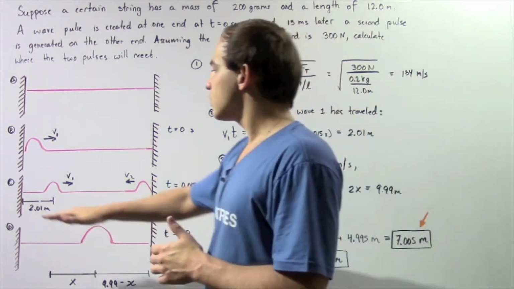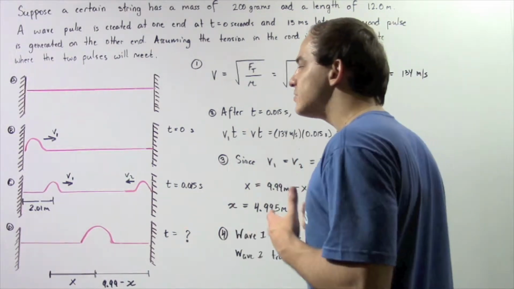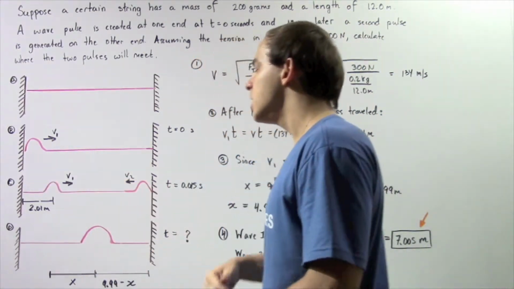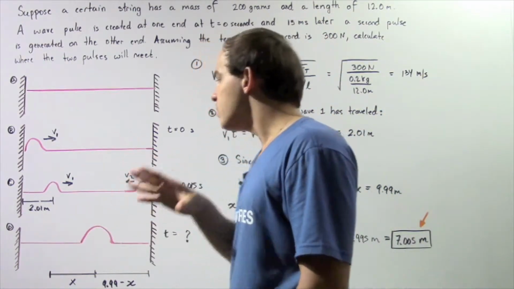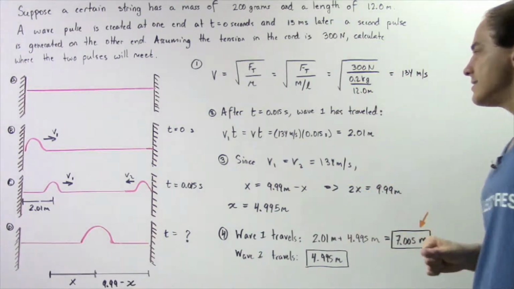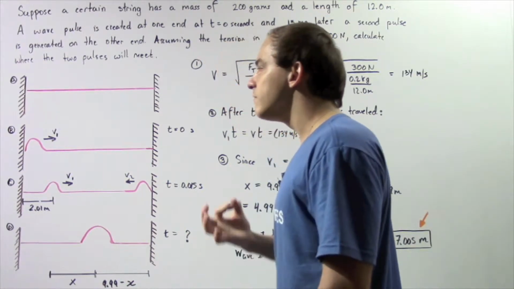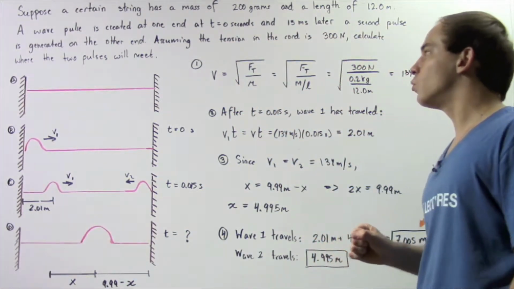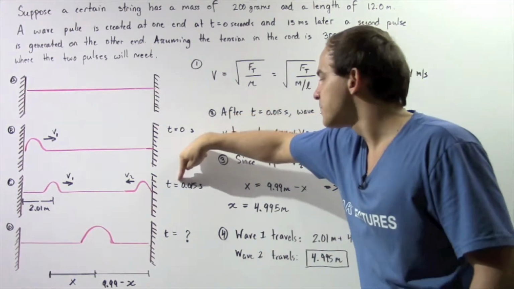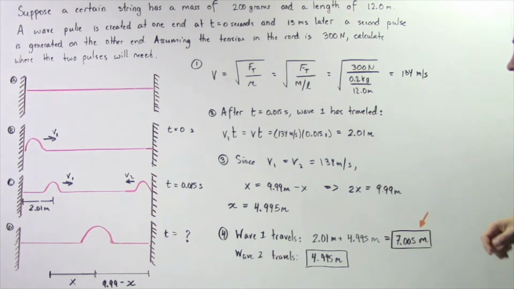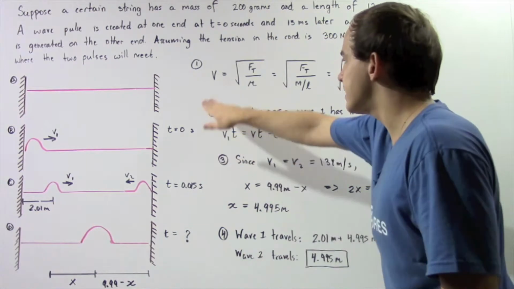Now, let's look at diagram C. So we know that after wave pulse number 2 begins traveling in the opposite direction, wave pulse 1 has already traveled a certain distance. So we want to calculate what that distance is. To do that, we simply multiply the velocity of our wave pulse number 1, which we found in part 1, by the time value of 15 milliseconds. So we have v1 times t, and v1 we said is simply v.